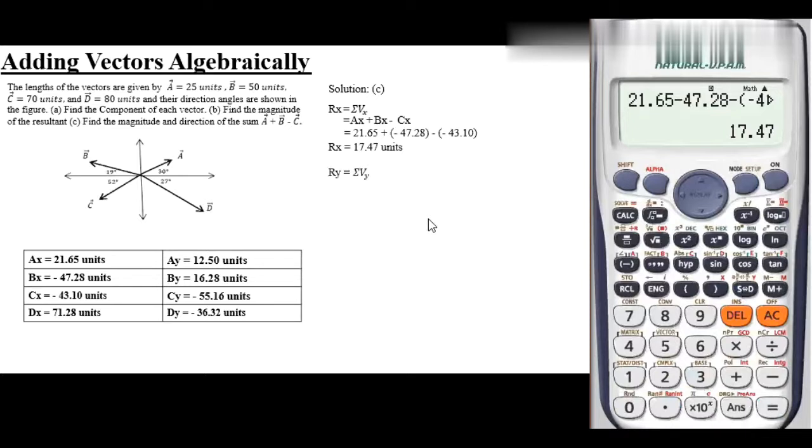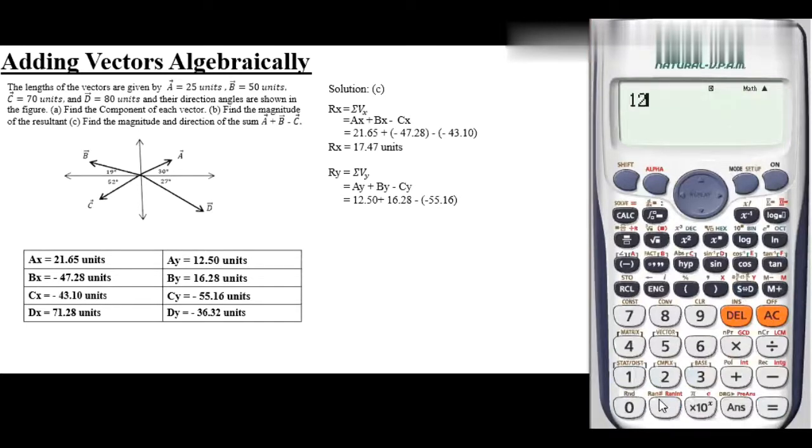Now let's calculate for Ry. Ry is equal to the summation of all the vectors along the y component. So that is Ay plus By minus Cy. Plug in the values, you have 12.50 for Ay plus 16.28 for By minus negative 55.16 for Cy. Plug in the values to your calculators.